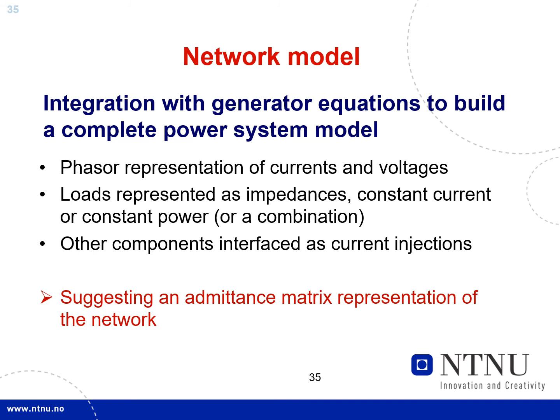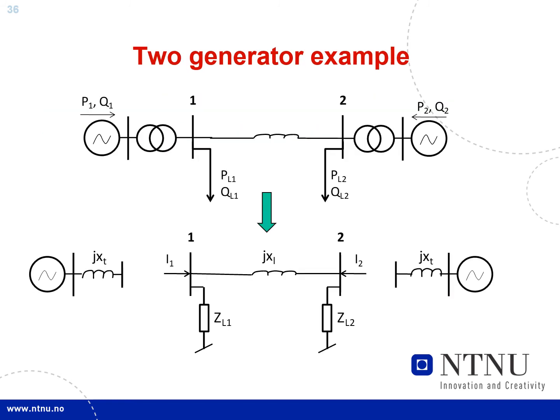But other components are interfaced as current injections. As long as we represent the loads as impedances or constant currents, we can use the admittance representation of the network because all the components then are added as current injections. This is the way to look at it that I used to. It's my understanding, at least.